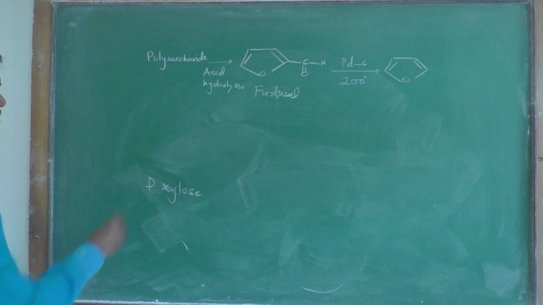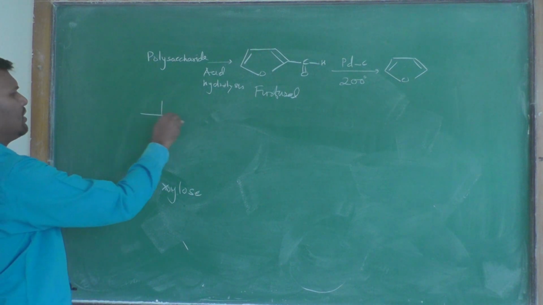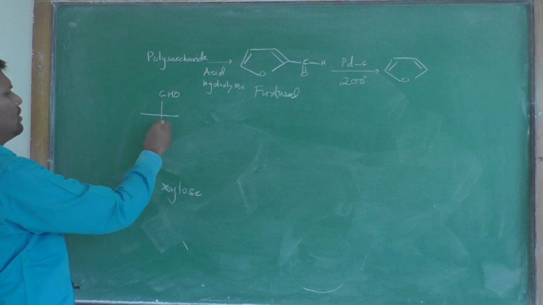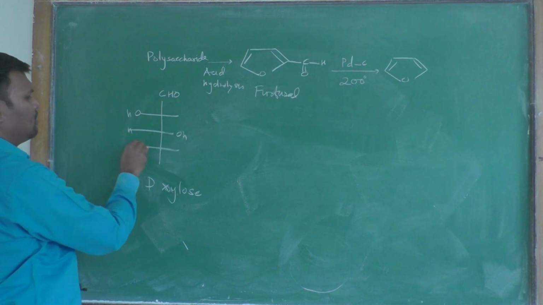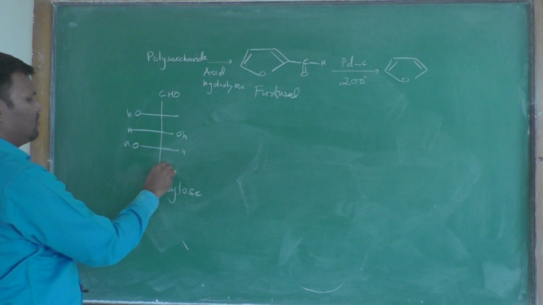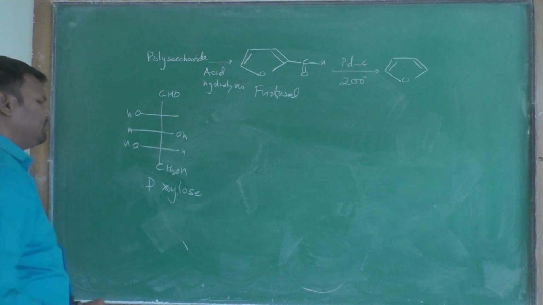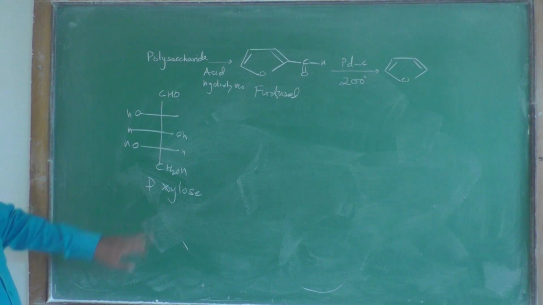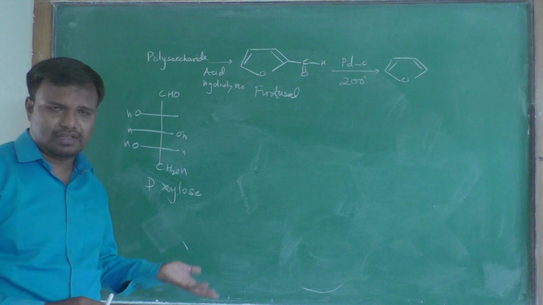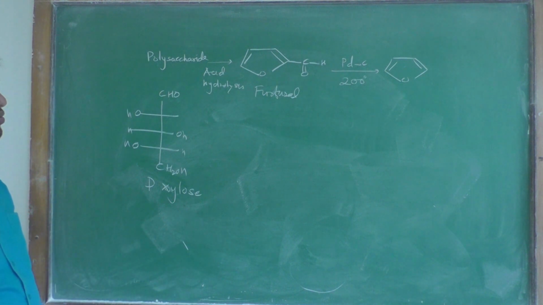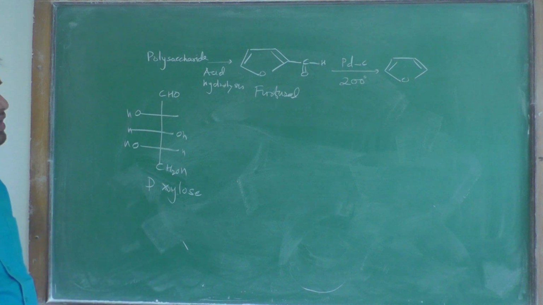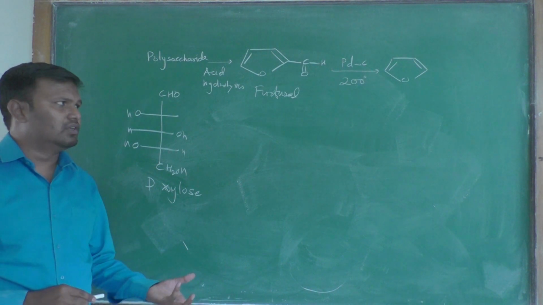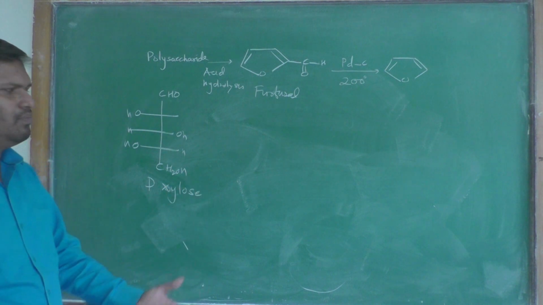aldopentose type compound. It looks like that, CHO, this is OH. That type of compound. By acid hydrolysis of D-xylose, an aldopentose type compound, you will obtain the furfural first, and then by heating with Pd/C at 200 degrees Celsius, you obtain the furan.